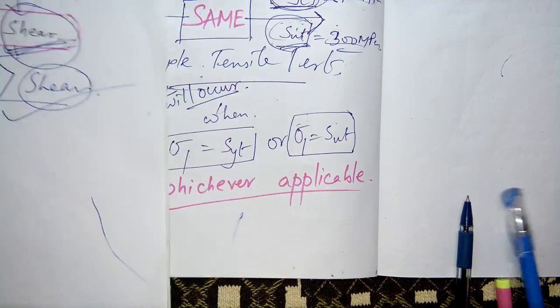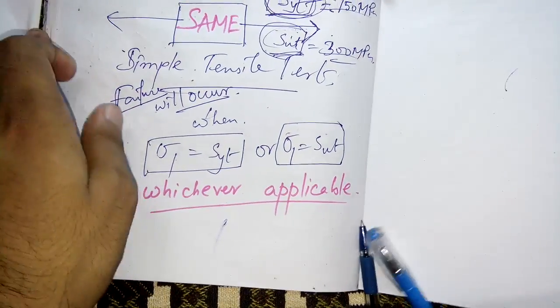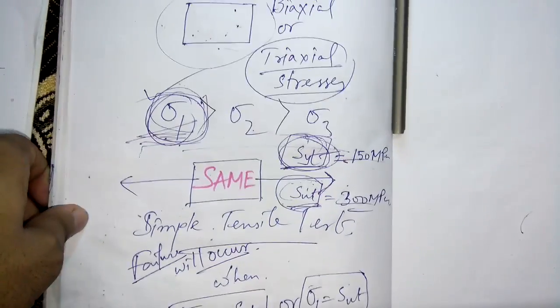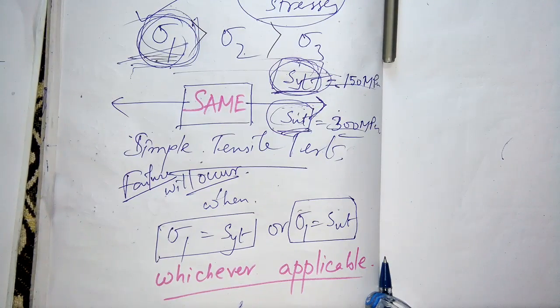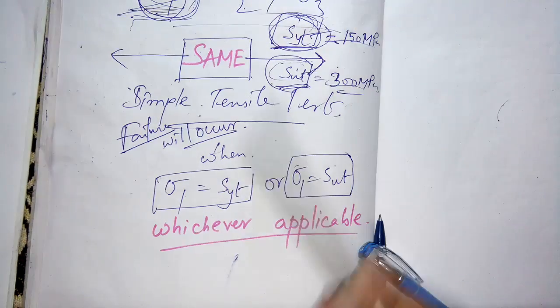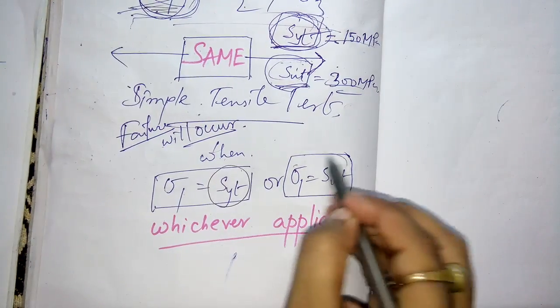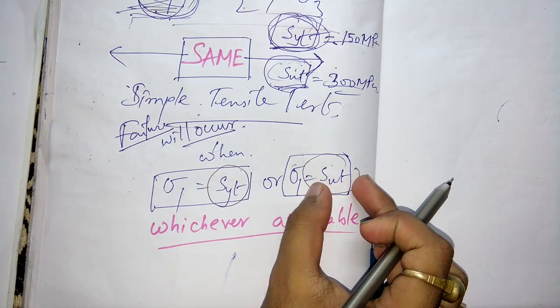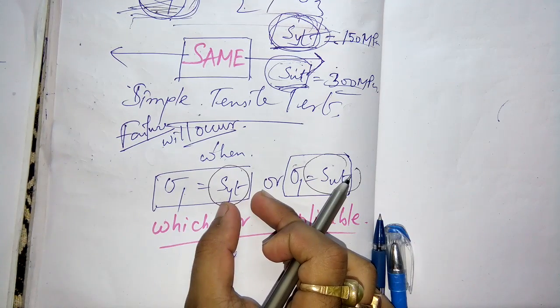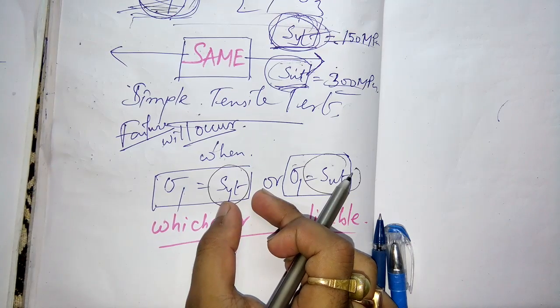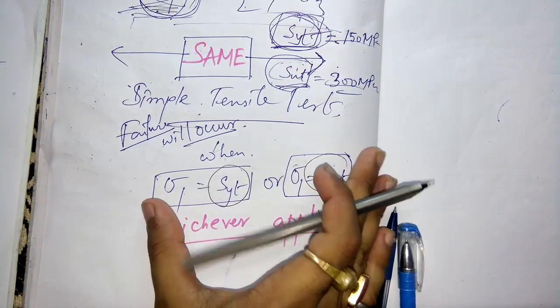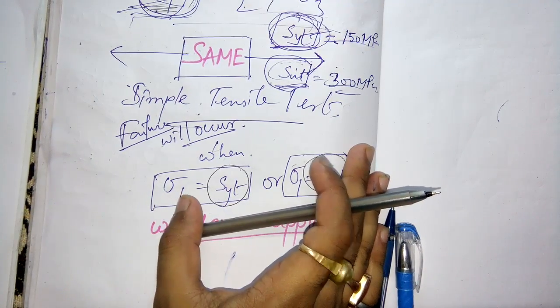Now tell me one thing: when we studied maximum principal stress theory, did we talk about shear stress? We considered these conditions: SYT, SUT. This is ultimate tensile strength. This is yield strength in tensile. We have not considered shear.